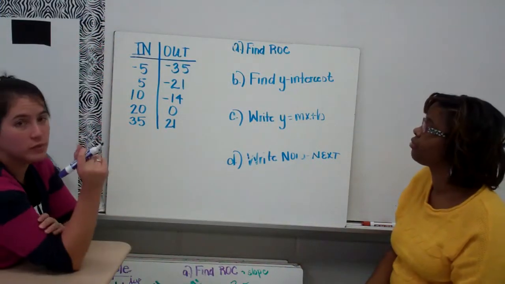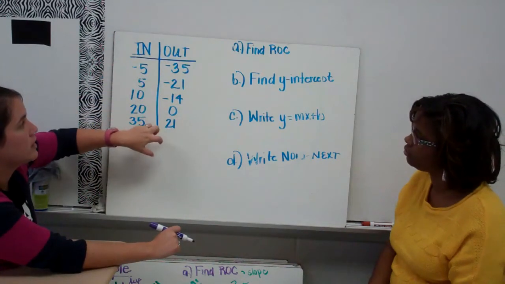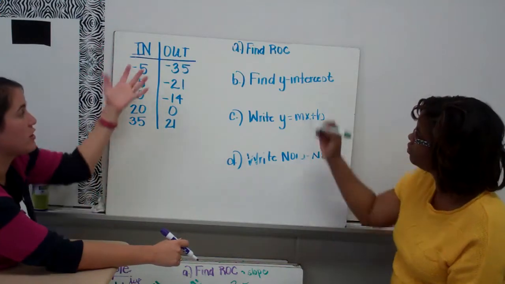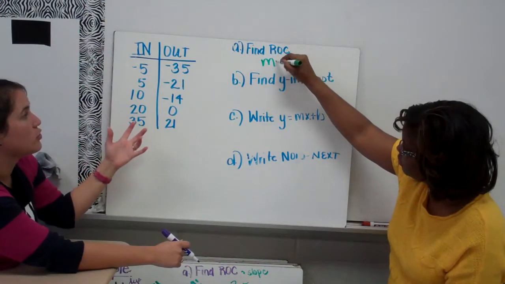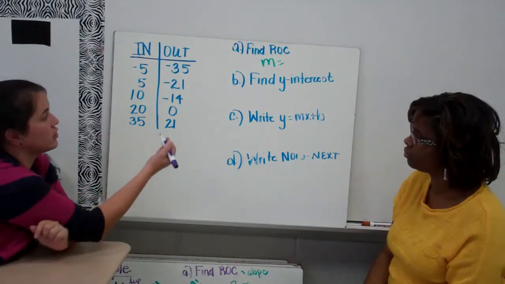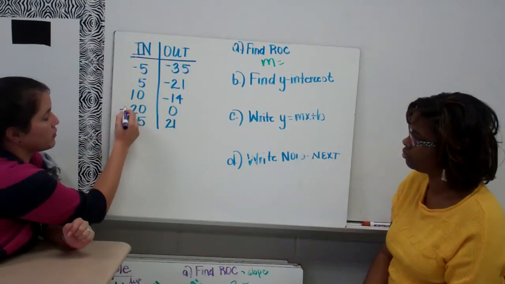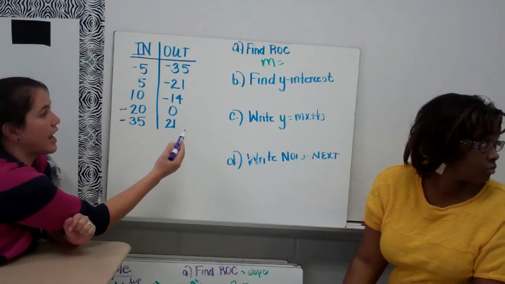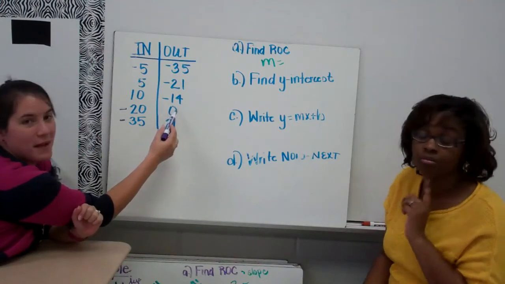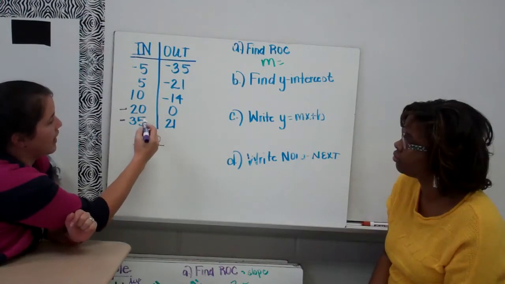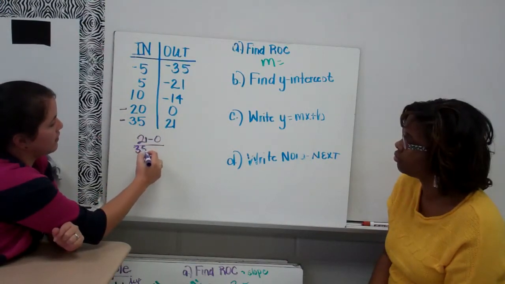So example 2, we have another table, and we still need to find the rate of change or the slope. So whenever you're given a table, you would use the slope formula. So you could pick any 2 points. We'll just pick these 2 points, and you would subtract 21 minus 0 and 35 minus 20.